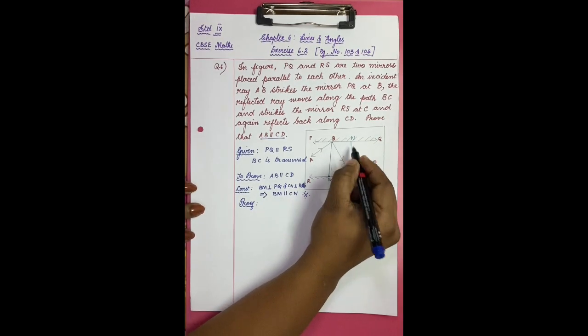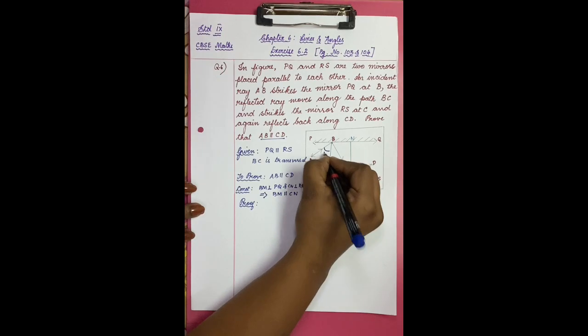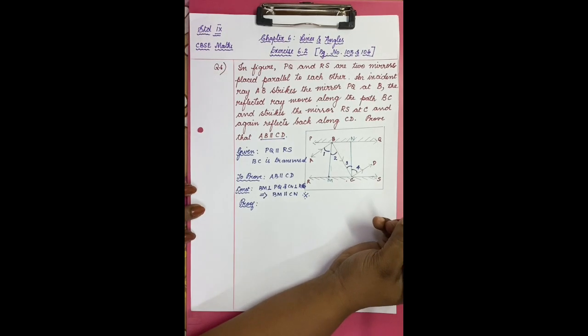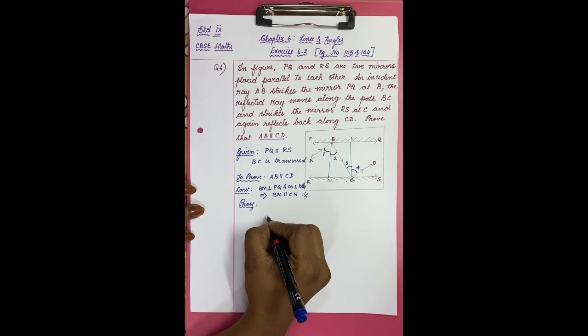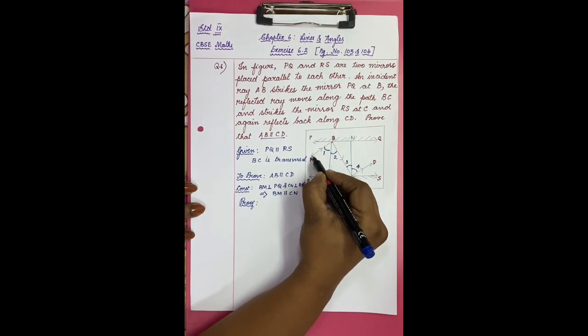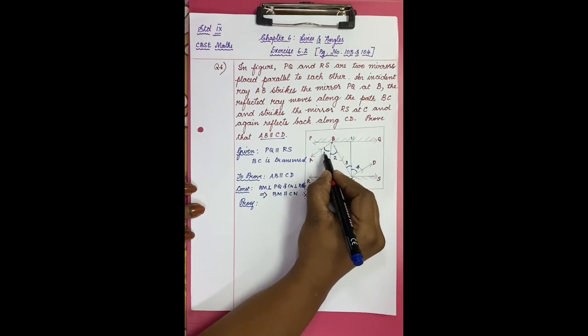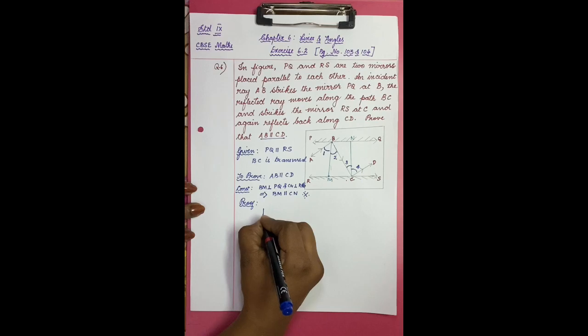Now, because of this normal, we are going to draw certain angles. We will call this angle 1, this is angle 2, this is angle 3, and this is angle 4. And again, we are going to start the proof with the physics law only. A line, normal, and this is the reflected ray. So angle 1 and angle 2, in physics you would have learnt, angle 1 is the angle of reflection.